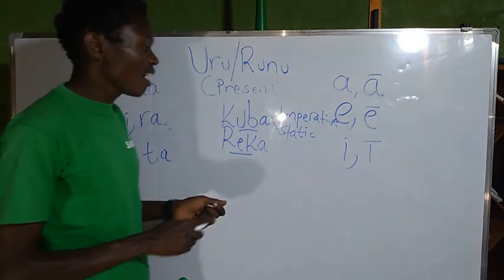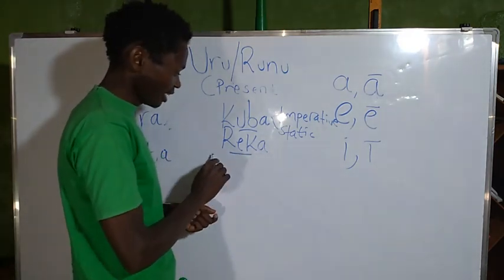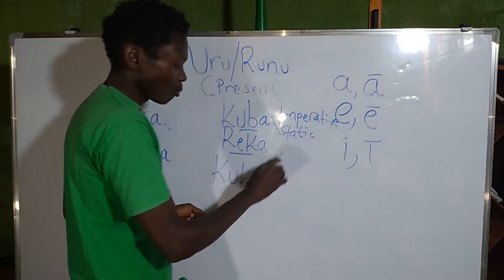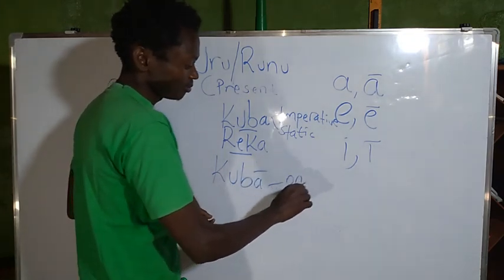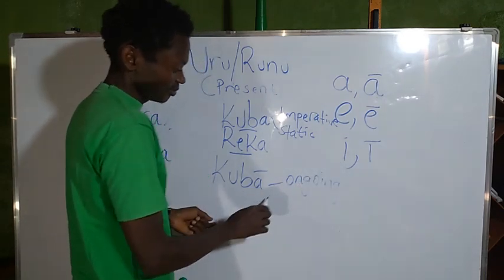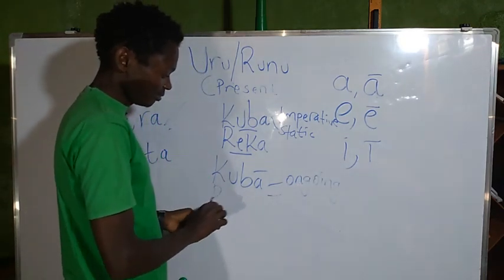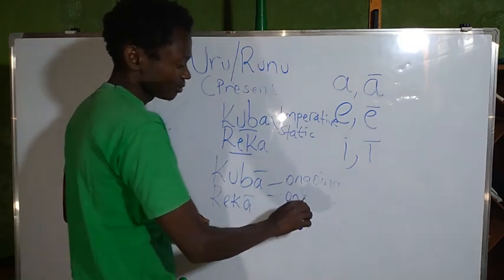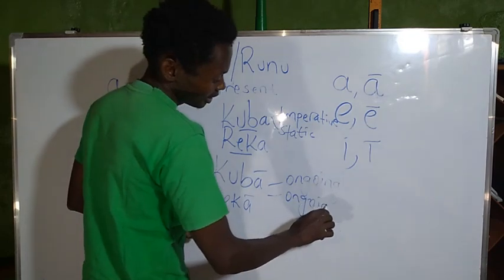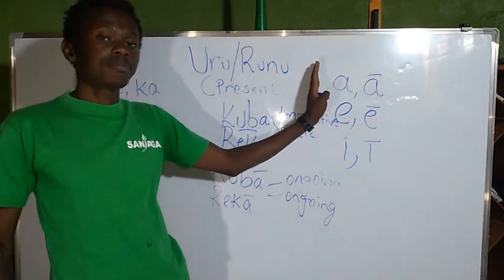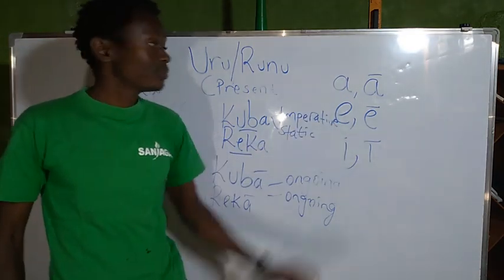And then an R, like Kuba, ongoing. Alafu reka, living, ongoing. It is on this note that you will see the suffixes are in two.